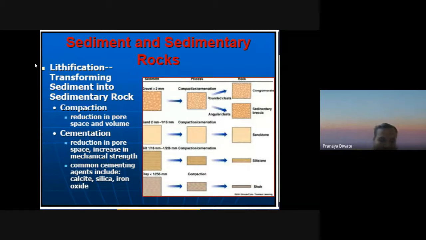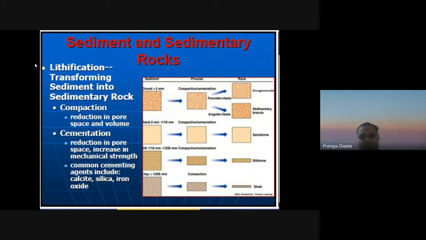Lithification is nothing but a transformation of sediment into sedimentary rock. Transformation of sediment into sedimentary rock is known as lithification.